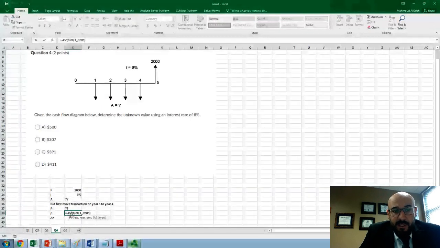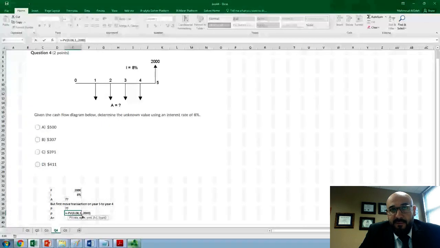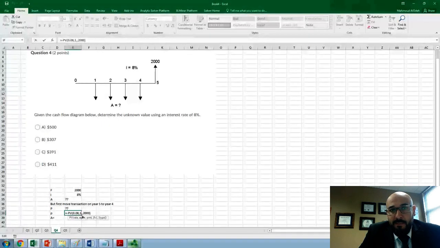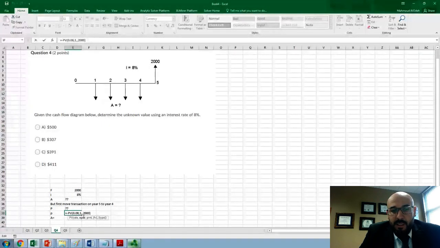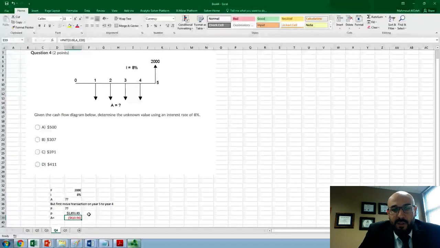I used a PV function, 8%, number of years, how far we are from year 4. We are right now on year 5, and we're going to go back in time to year 4, so that would be 1 year. There's no payment. The future value would be $2,000, and that would give you $1,851.